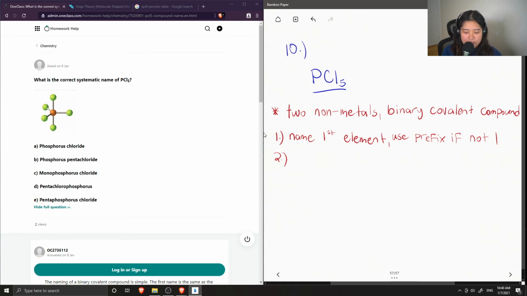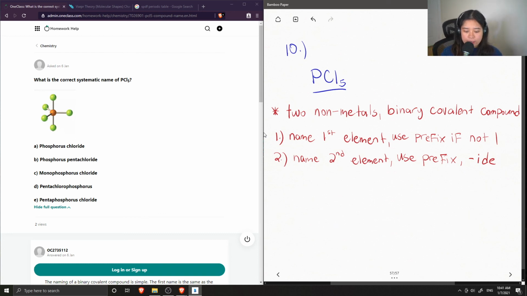So the second step is just to name the second element. Use a prefix. Even if we just have one, we still write in the prefix for the second element. And then the ending is you just add "-ide".